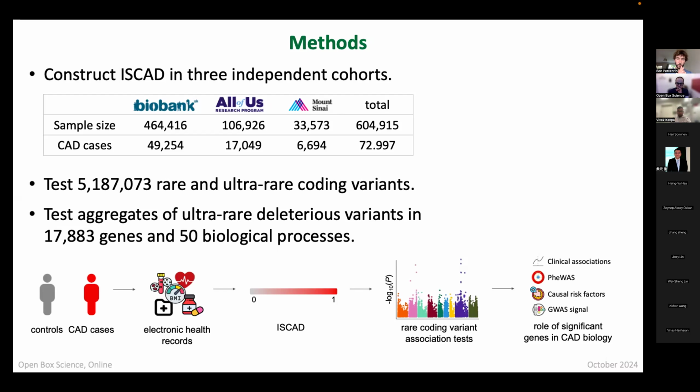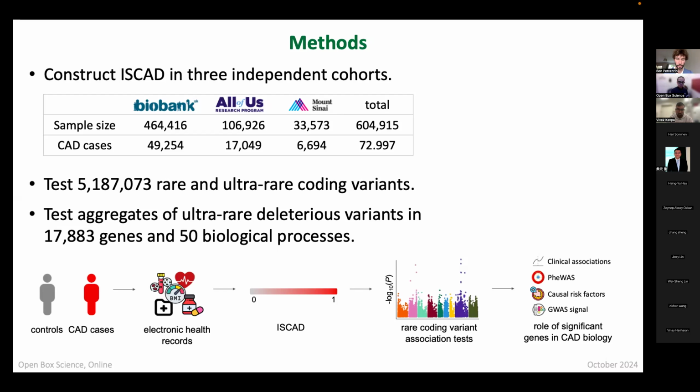And these have to be protein truncating variants or missense variants with 5 out of 5 pathogenicity predictions in 5 independent computational tools. So we aggregated these highly deleterious variants per gene, and we tested almost 18,000 genes separately.